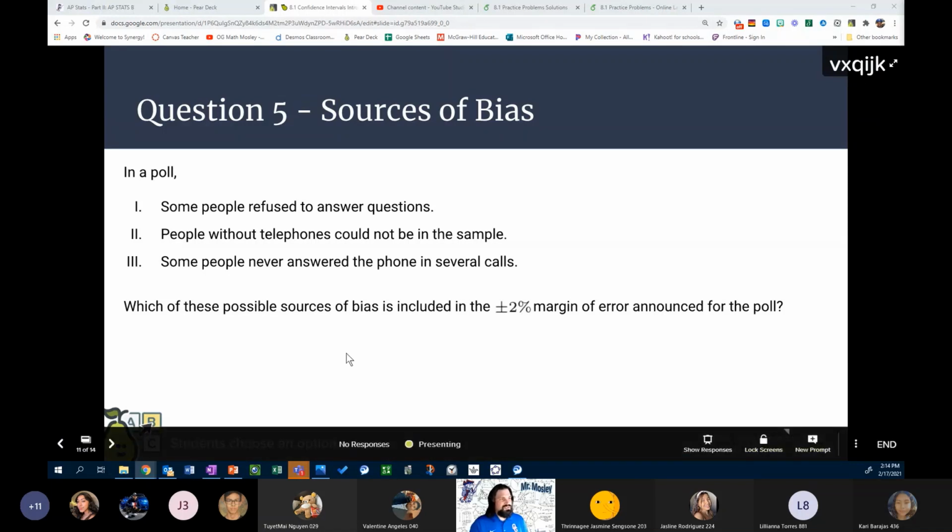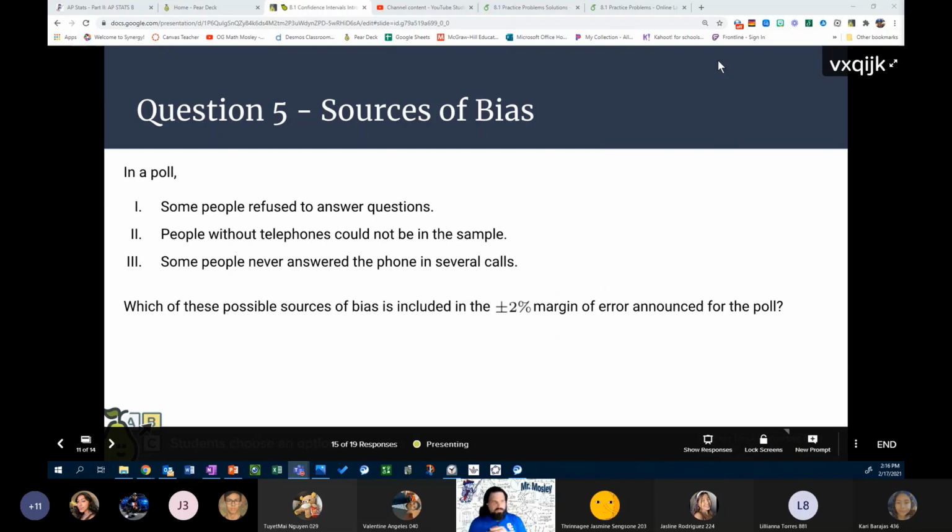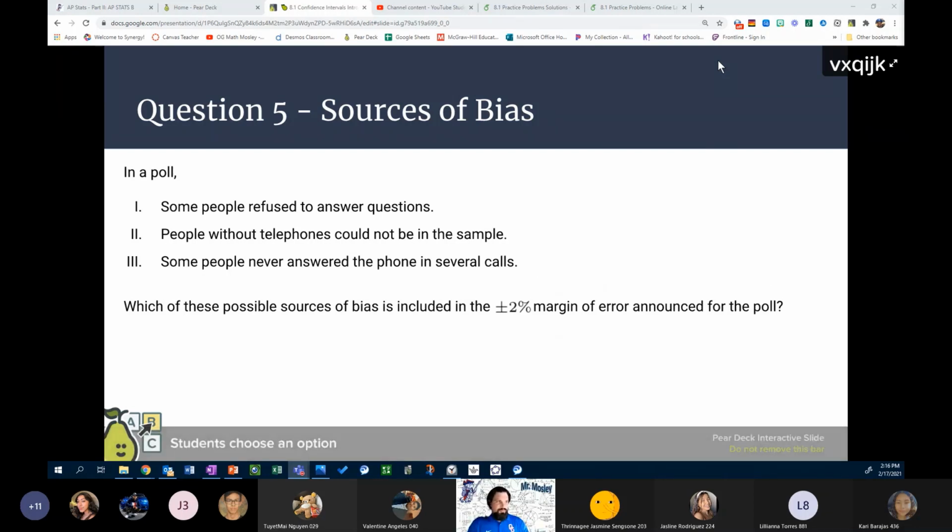Which of these possible sources of bias is included in the plus or minus 2% margin of error announced in the poll? You can choose from 1 only, 2 only, 3 only, all 3 of those, or none of these. There's only one correct answer. Before I show you the answer, remember from our notes yesterday, and I know this was like one line of notes so it's easy to have missed it, that the plus or minus margin of error can only account for error due to chance.